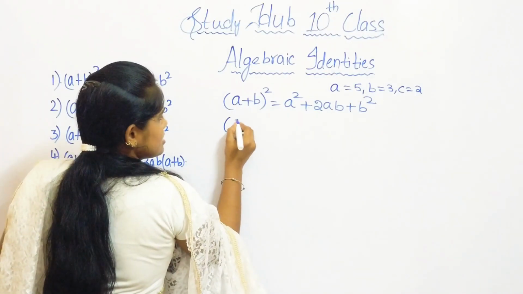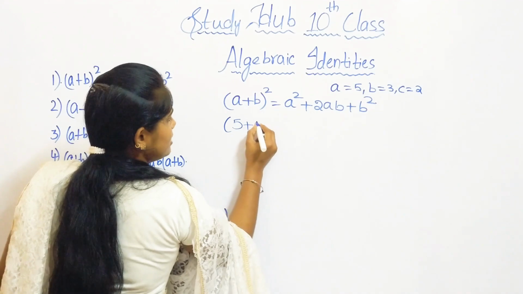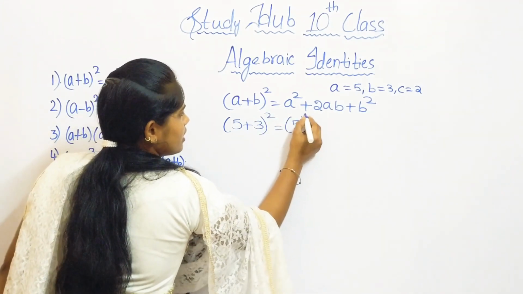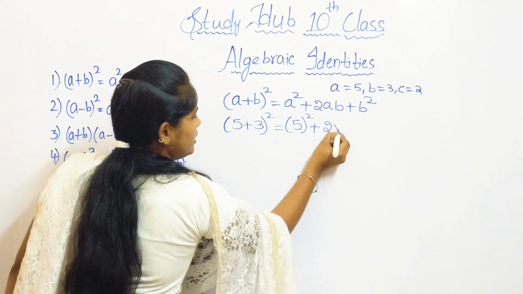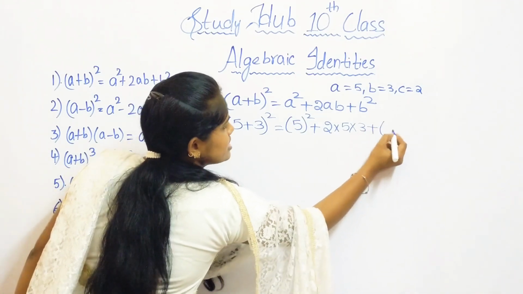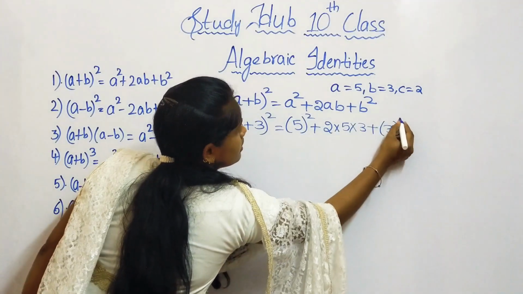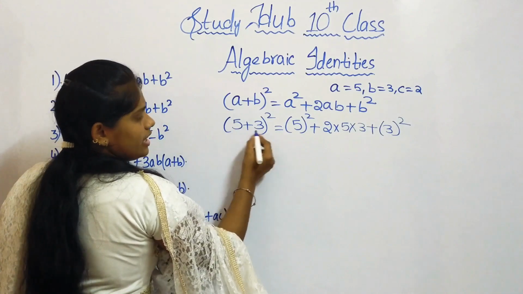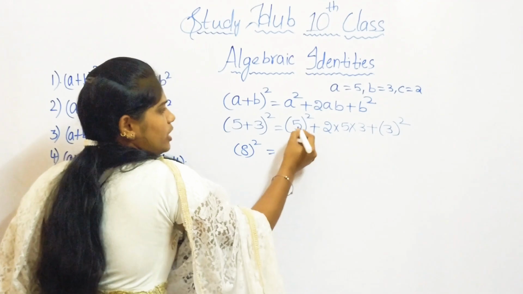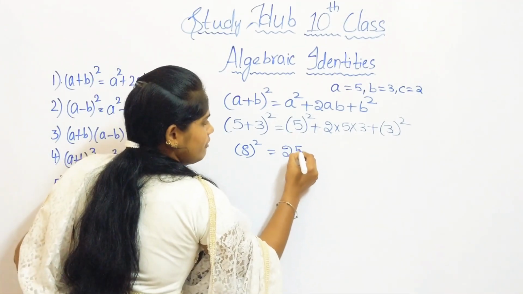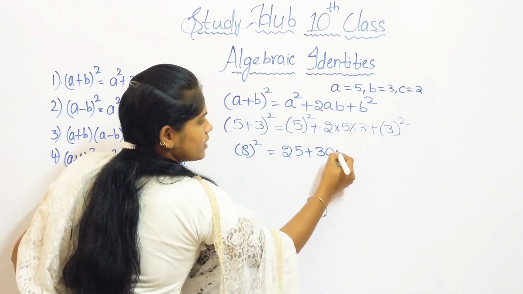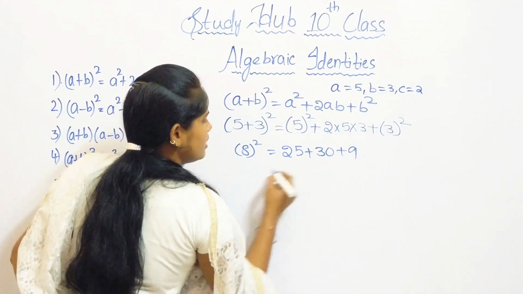The value of A is 5 and the value of B is 3. So 5 plus 3 whole square is equals to 5 square plus 2 into 5 into 3 plus 3 square. 5 plus 3 is 8. 8 square is equals to, here 5 square is 25 plus 2 5s are 10 and 10 3s are 30 plus 3 square is 9.